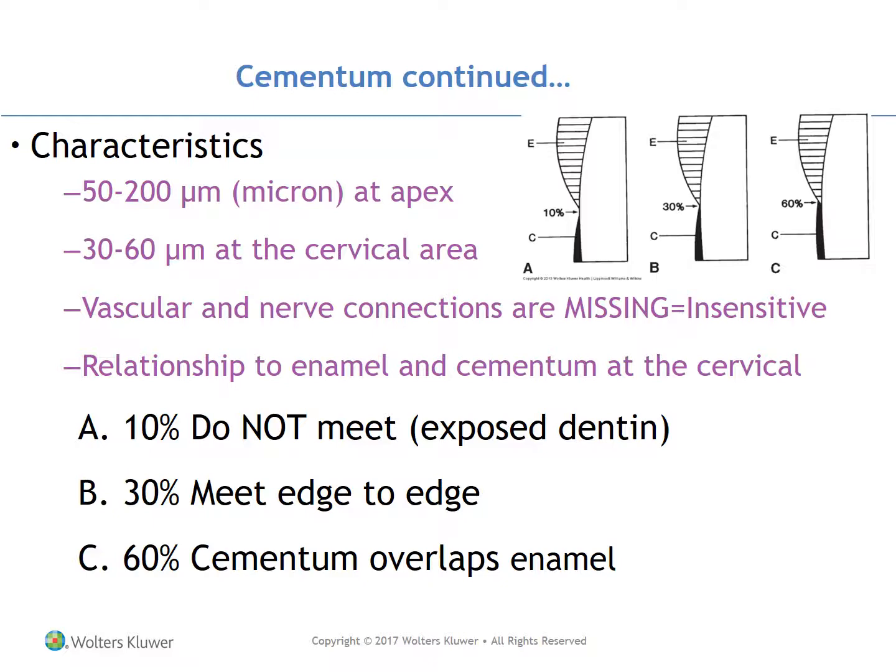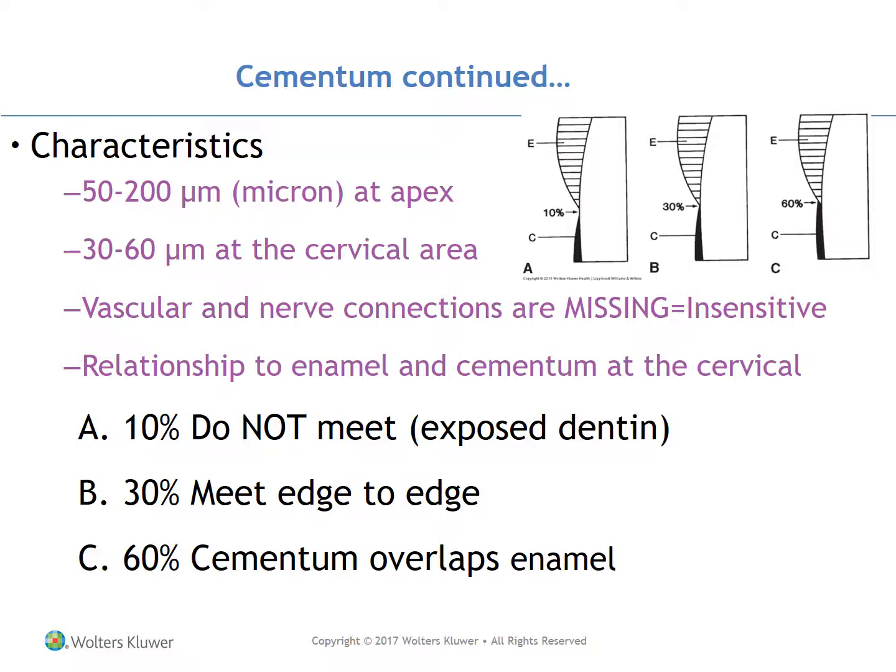The relationship of enamel and cementum at the cervical area, now 10% of teeth the cementum and the enamel don't meet. So we have exposed dentin, and you can see that in letter A. Then we have edge to edge, okay, where the cementum and the enamel just touch each other very lightly, very quickly, okay?